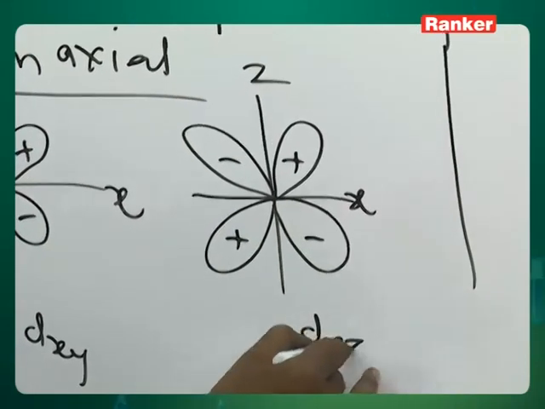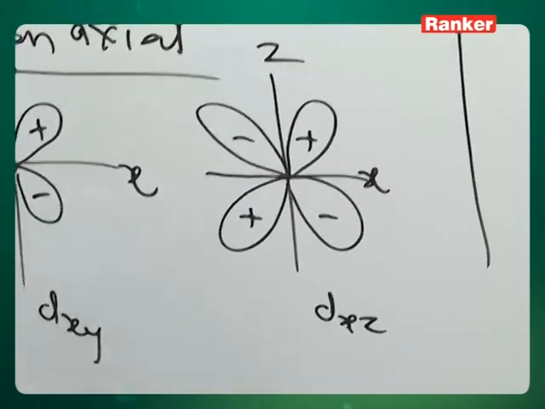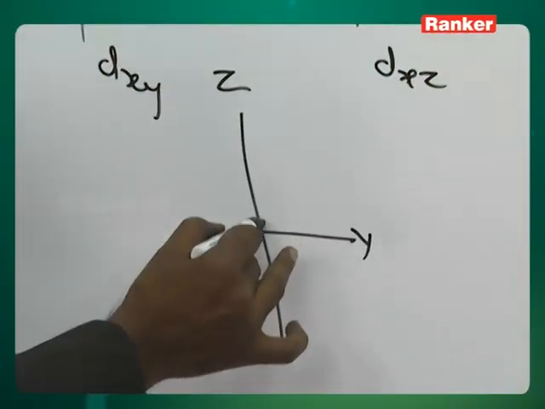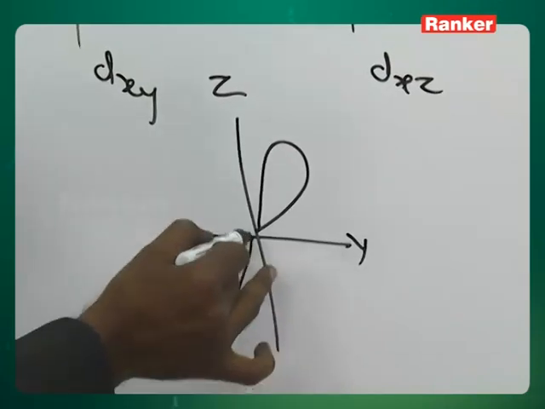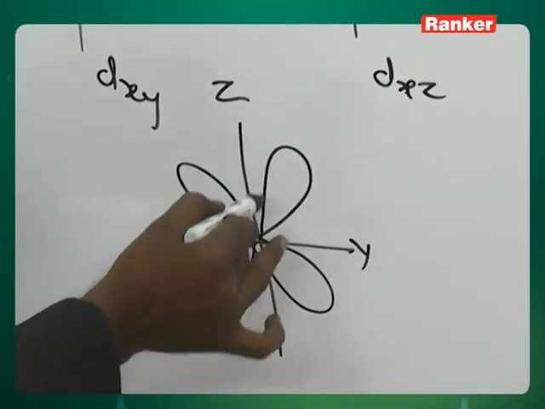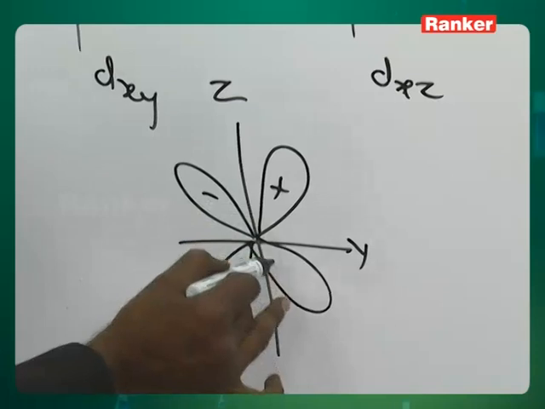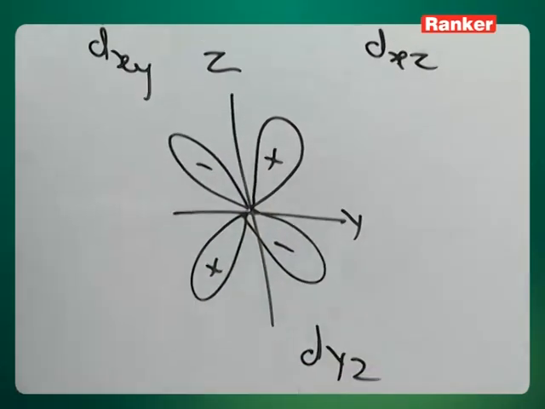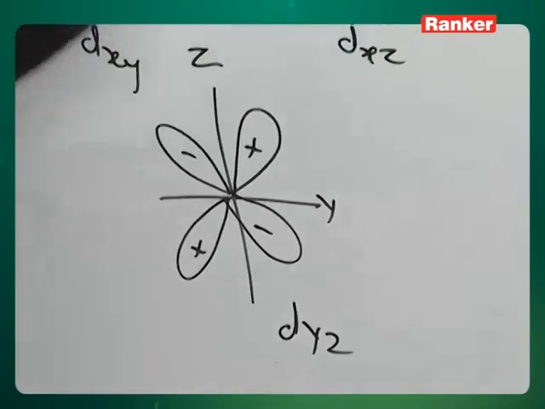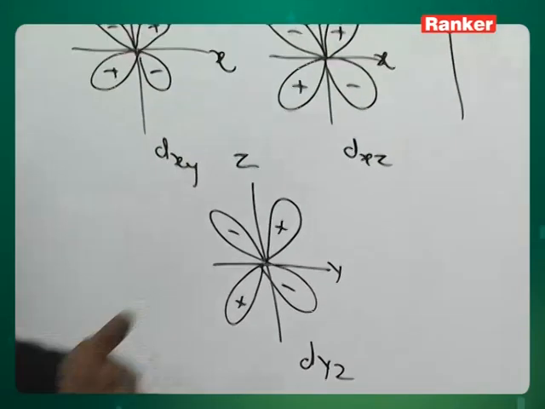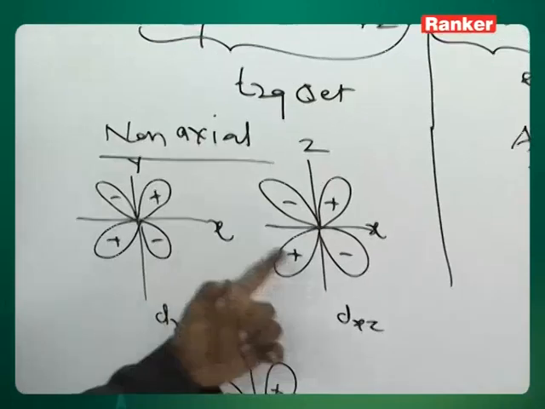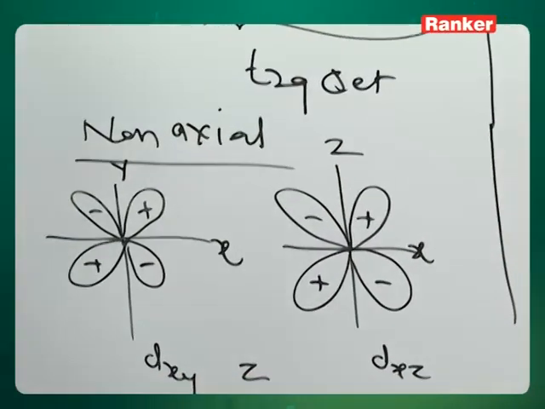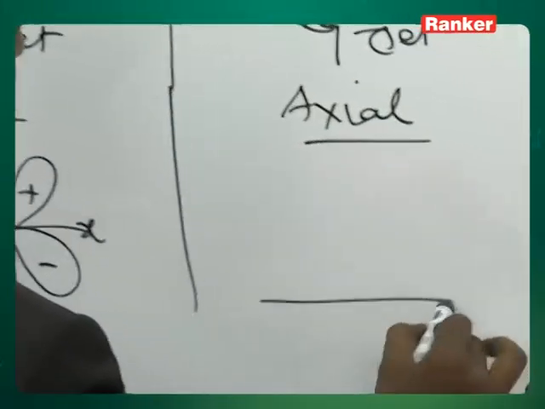Then dyz is oriented in between y and z. You are clearly observing these are non-axial; these orbitals are oriented in between the axes.